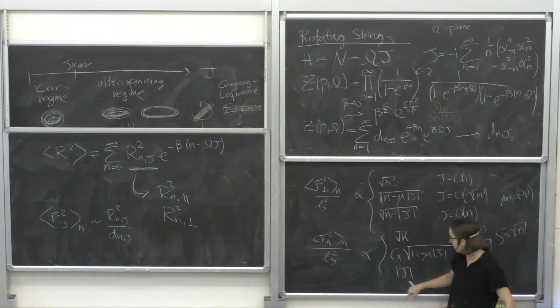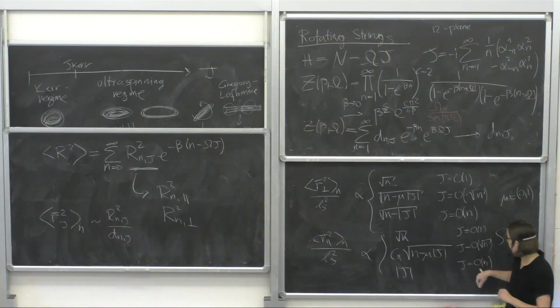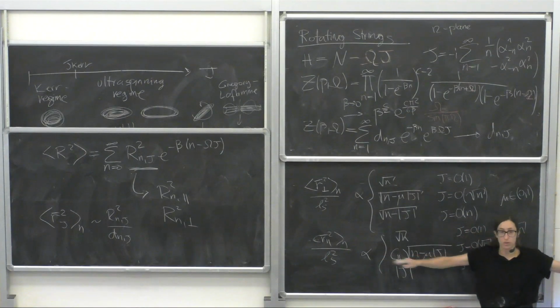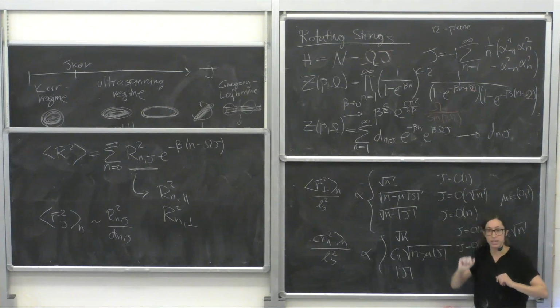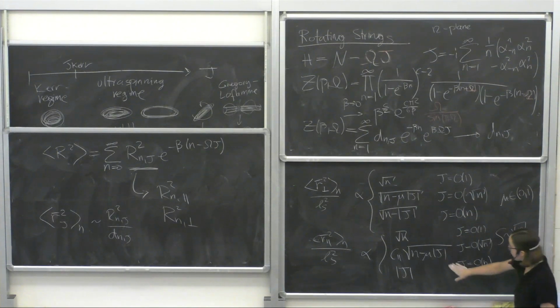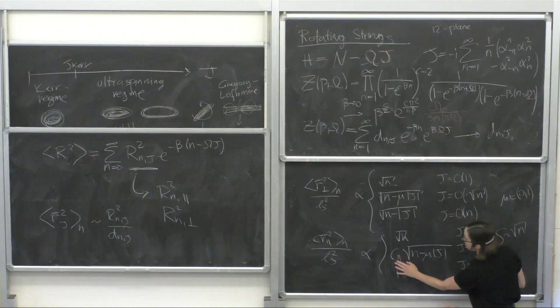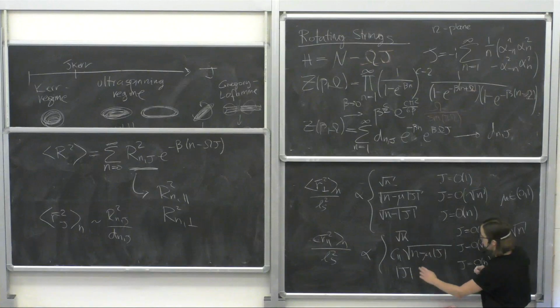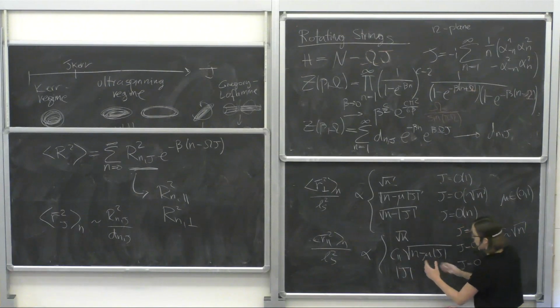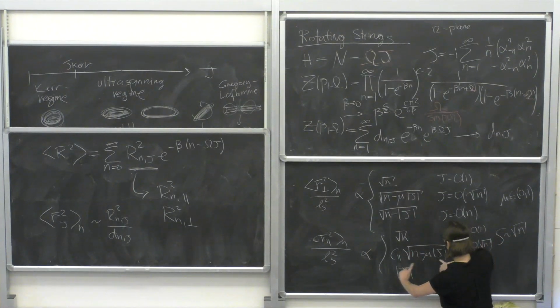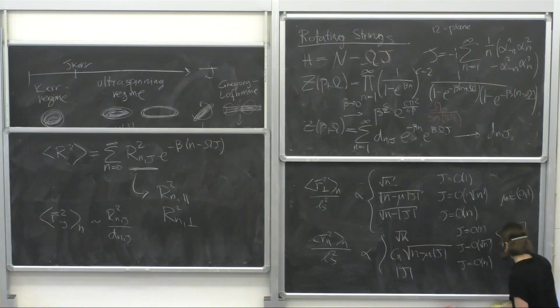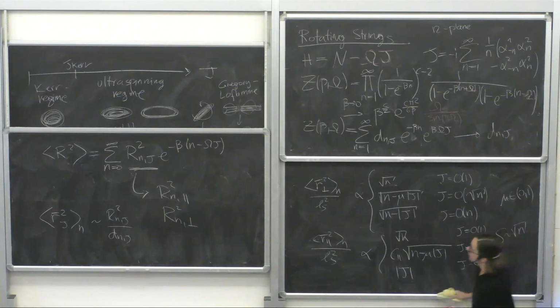For highly spinning objects, the spread is enormous. The string wants to spread much more in the plane of rotation, then it gets squeezed in the other directions. Then for moderate spin, there's some number that is smaller than 1, so the string does get shrunk down. Sorry, this number is bigger than 1, so this is an effect that would make the string grow. But then there's an effect that makes the string shrink. And so there's some competition between these two effects. Okay?